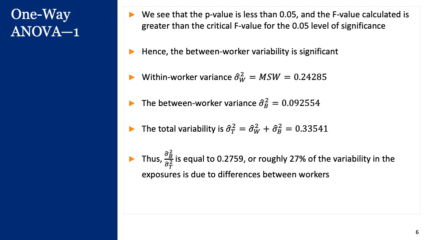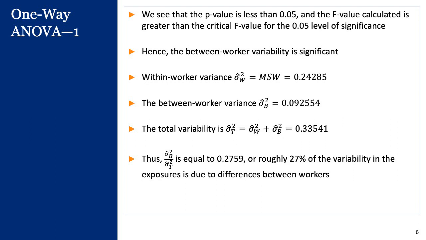The within worker variance, or sigma W squared, is calculated as 0.24, and the between worker variance, or sigma B squared, is calculated as 0.09. And the total variance, sigma T squared, is the sum of the between worker and within worker variance. And that comes out to be 0.33.